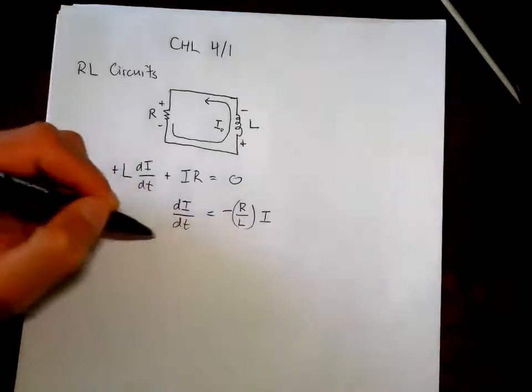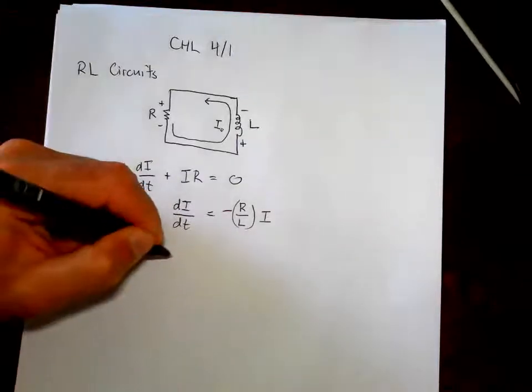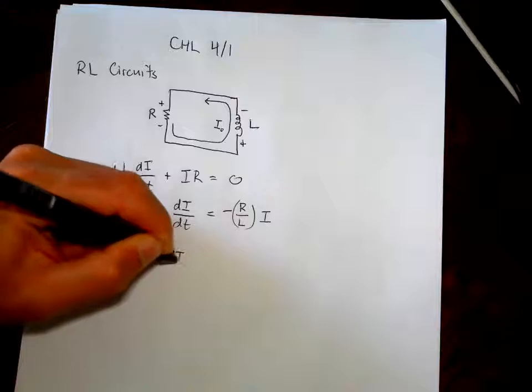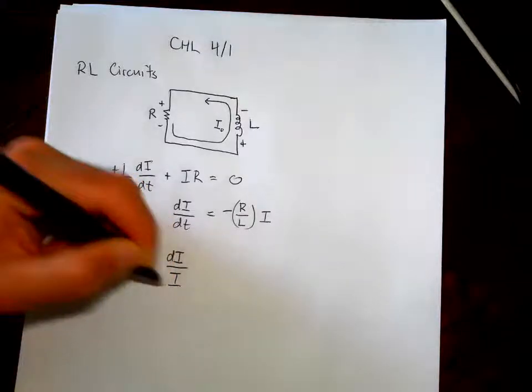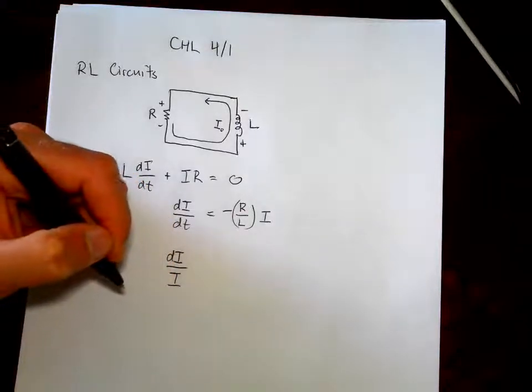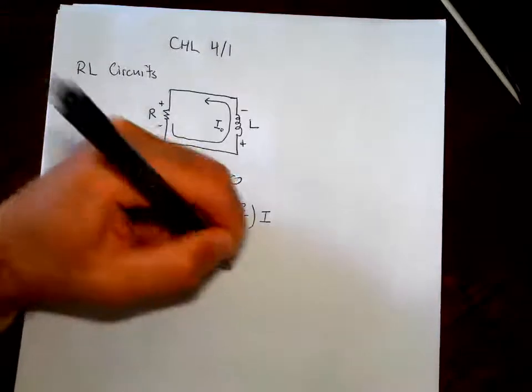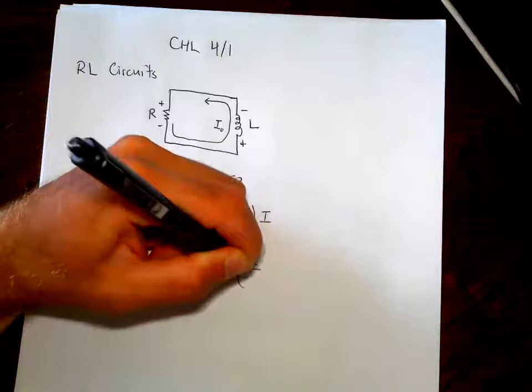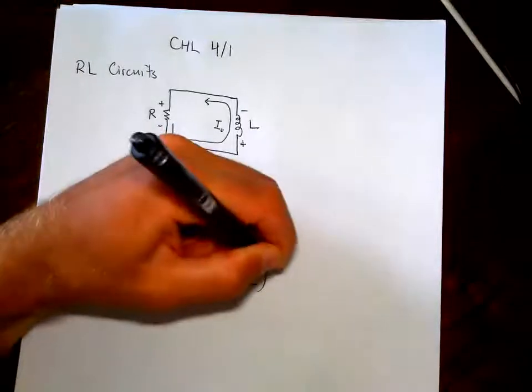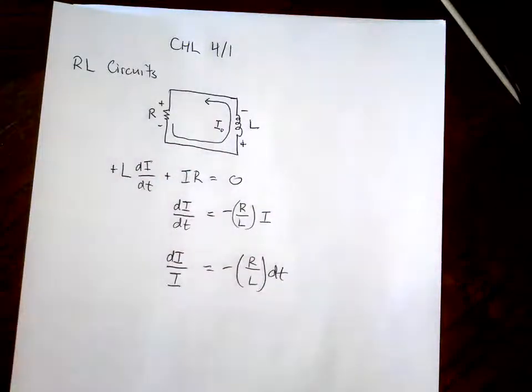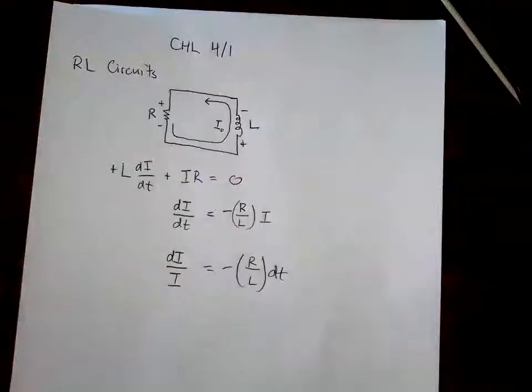Rearranging it, I get 1 over I di equals minus R over L times dt. All right, so I've separated the variables.